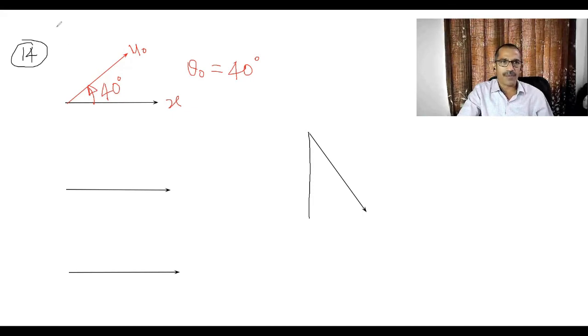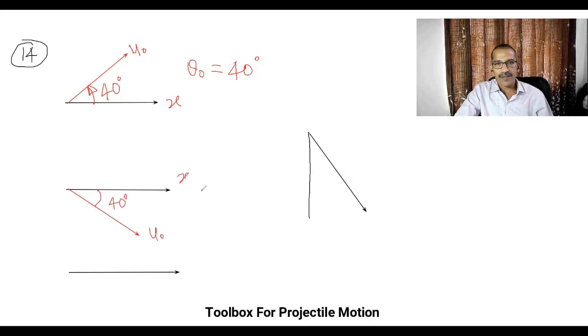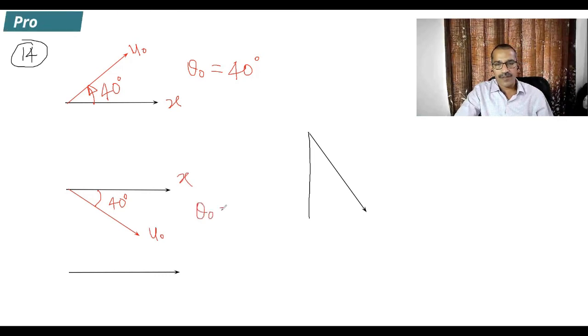Now in the next case, the velocity of the particle is in this direction. The angle given is 40 degrees and this is u0. Now this is the x-axis. What about your theta 0 in this case? Theta 0 with respect to the x-axis is in the clockwise direction.